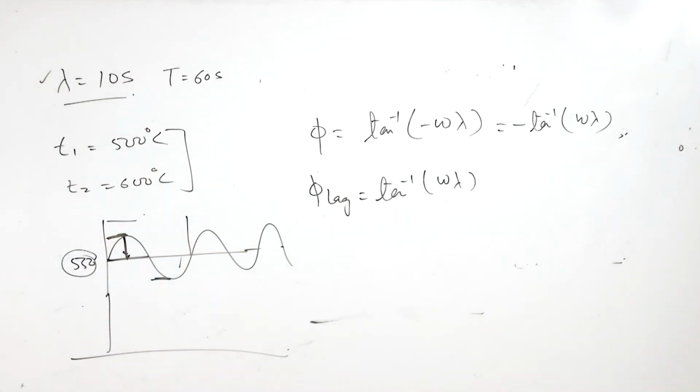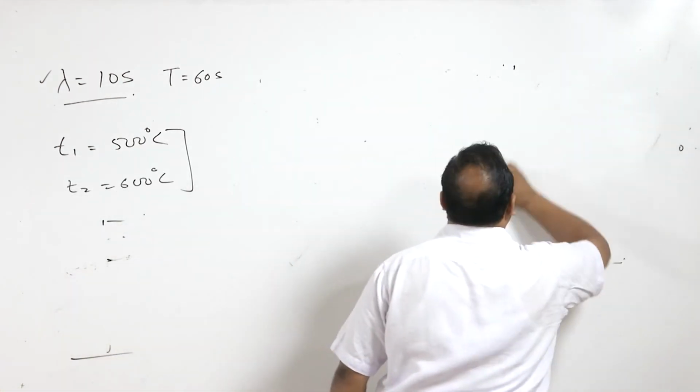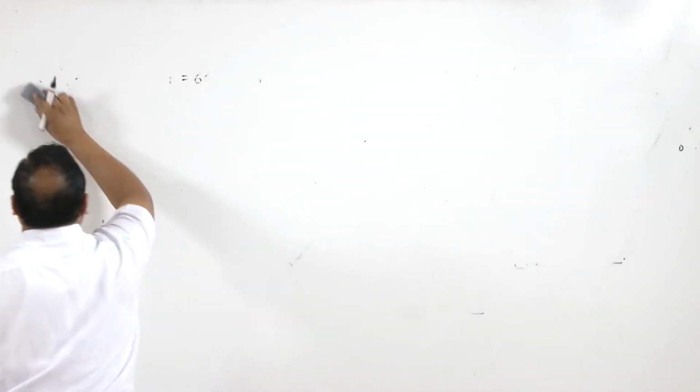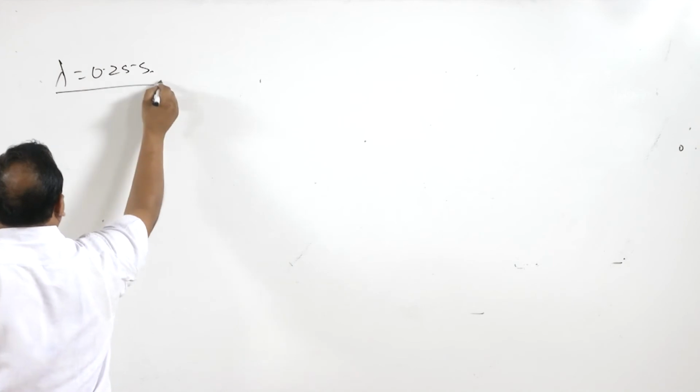Okay. Now after this there is another problem for sine input. A first order system is having a time constant of 0.25 seconds. So there is a first order system and it has sine input, time constant is 0.25 seconds.